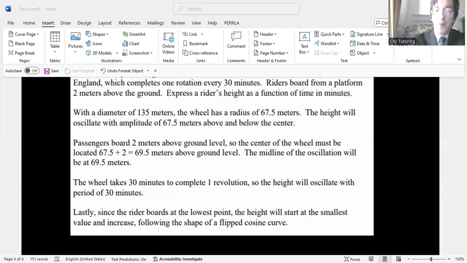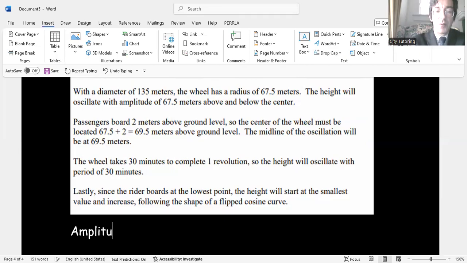You want to get into the habit of putting all the information together so that you can create your expression. So the amplitude is 67.5. The midline is 69.5. And the period is 30.